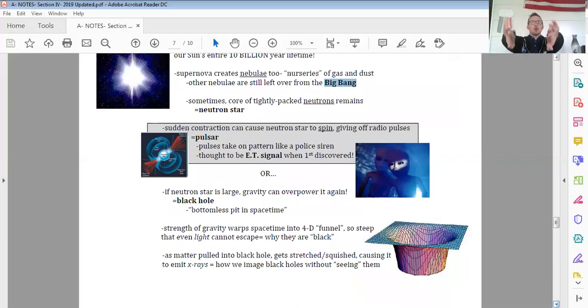It bends and contorts it so much that basically the sides of the black hole are so steep, everything falls in, and nothing, not even light, the fastest thing in the universe, can escape. That's why black holes are called black. Light and matter go in, they do not come back out.